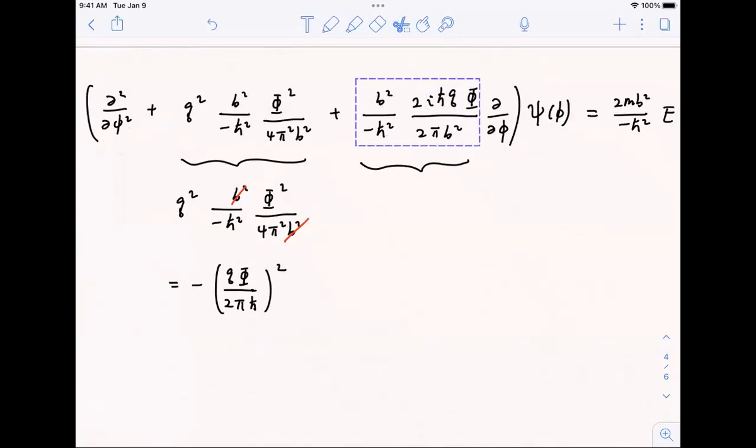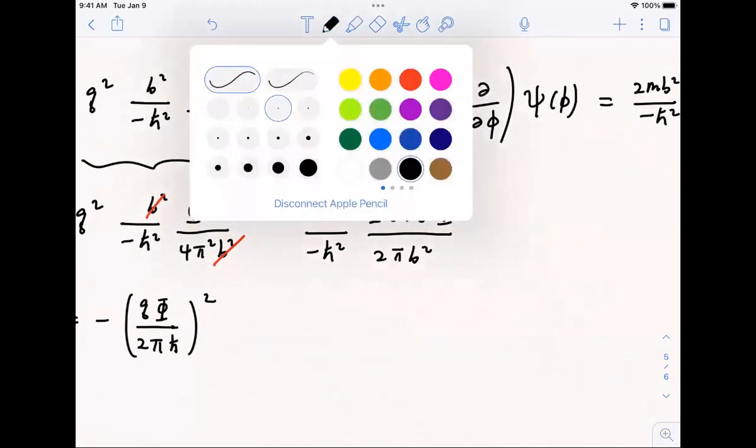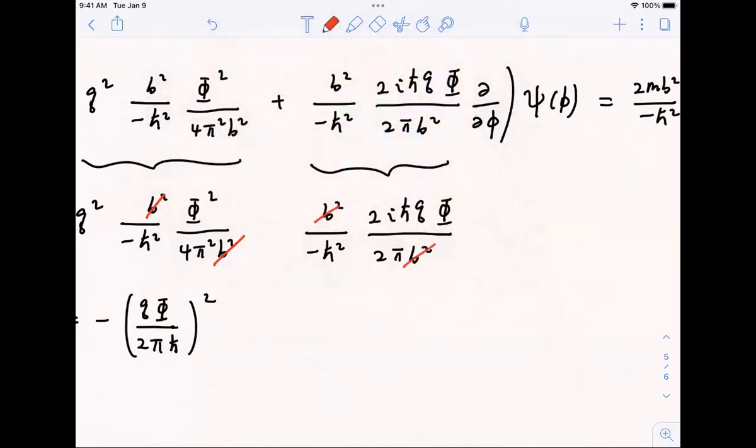let's see. Then you just cancel this, cancel this, cancel this, cancel this, and then this i, this will become negative i. The 2 is cancelled. iQ and then pi h bar.